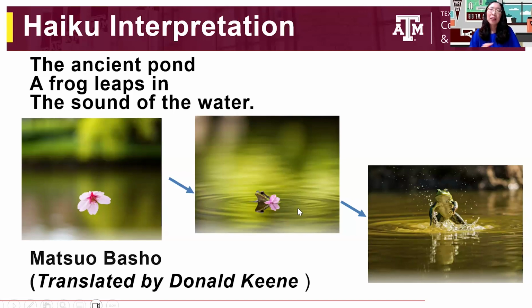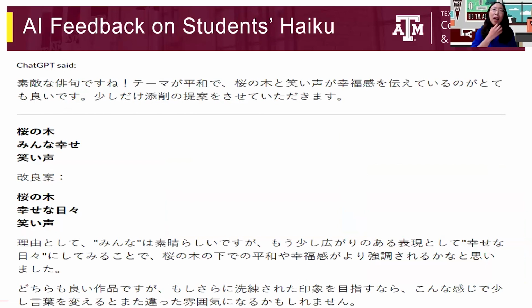So I asked the AI to replace it with a frog, and AI added a frog. And then I needed to ask AI to remove the frog. I thought it's actually good to have this process because my students needed to use the target language to negotiate the meaning. After reading haiku, my students created their own and then asked the AI for feedback.